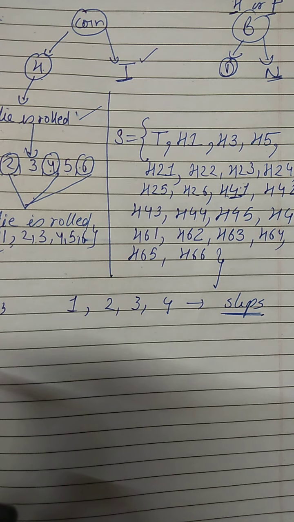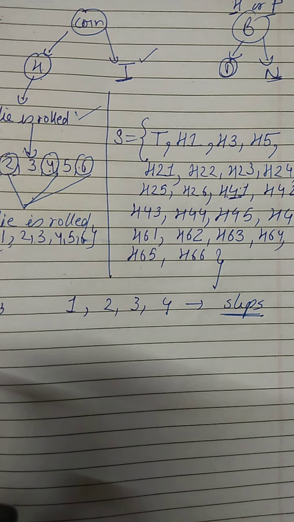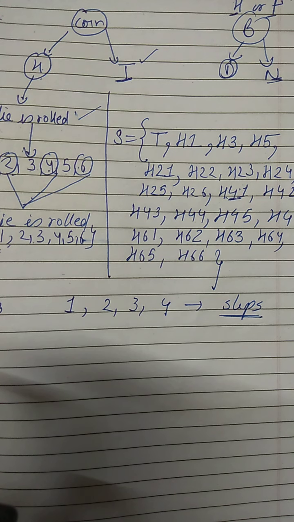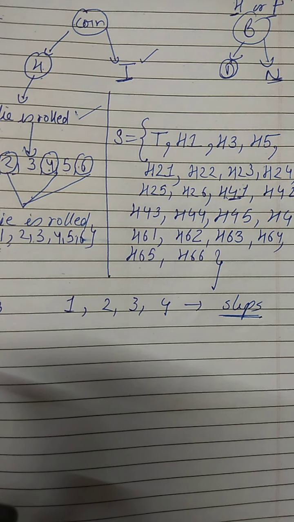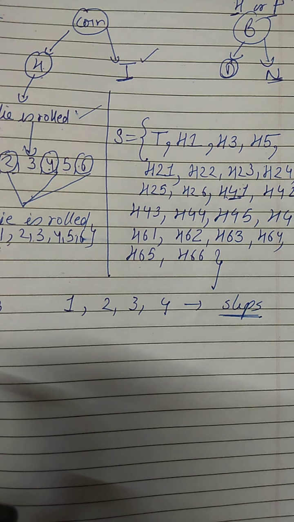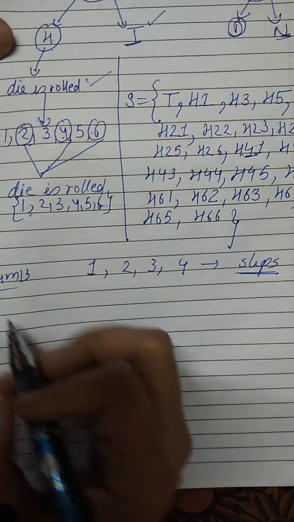It means first of all, one slip is taken out from the box and then second slip is taken out without replacement. It means when the first slip we are taking from the box, we are not putting it back in the box. So first slip is in that person's hand, and then he is taking out the second slip. We have to just write down the sample space.